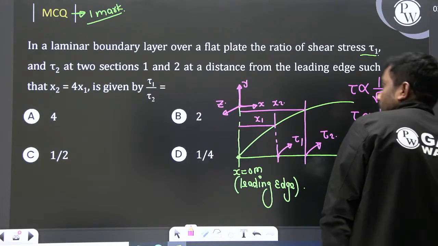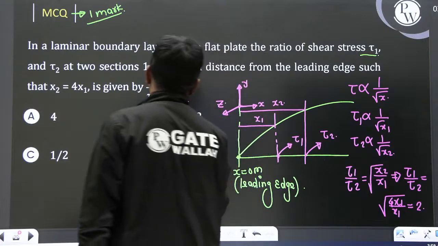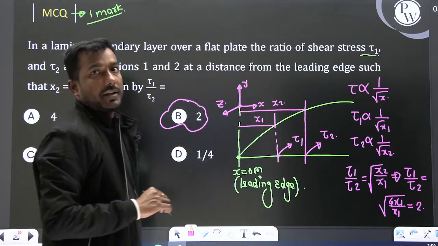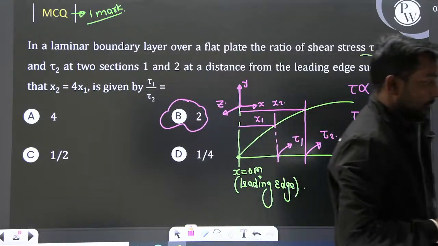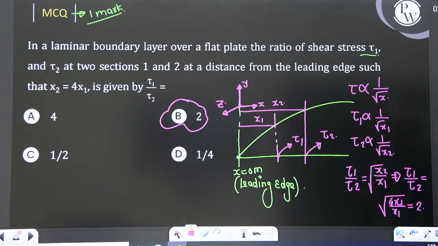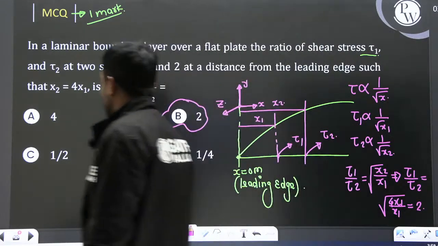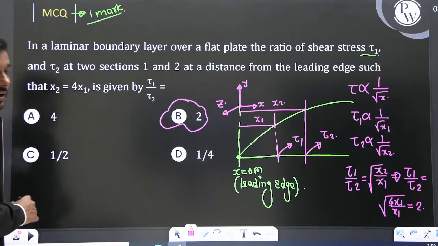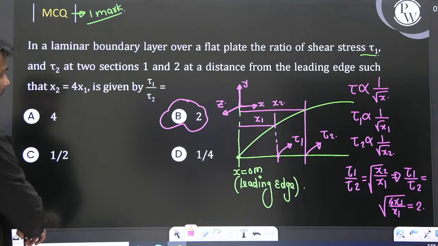That is clear. So B will be the correct answer. The ratio should be, x2 is 4 times of x1. So I hope you get the correct answer. So let me move on.